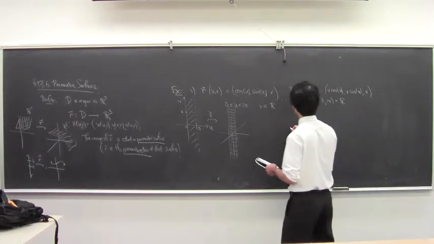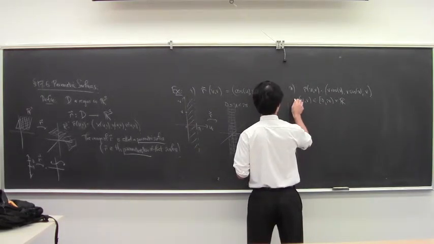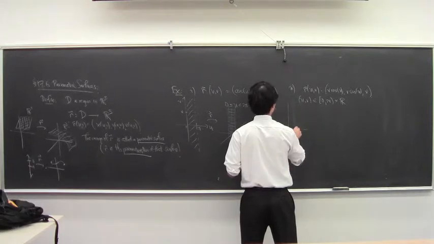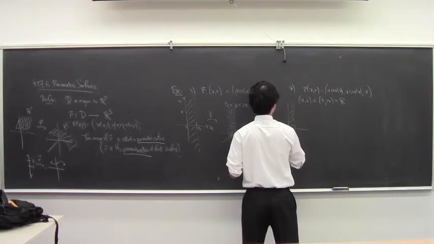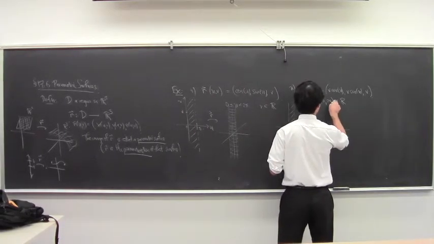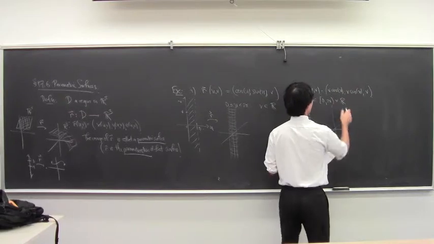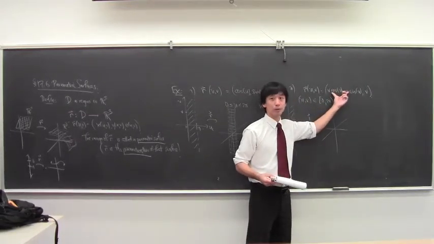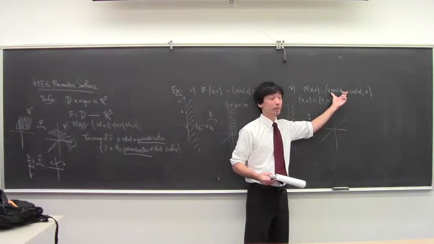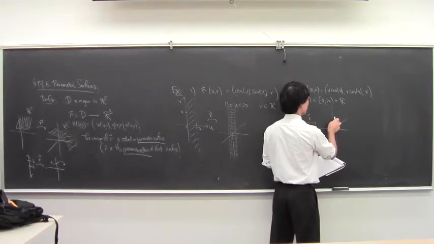So again, you've got this domain here. R goes this way. For each fixed v, you're going to have a circle of radius v. Even if it's a negative number, that's still going to be a circle of radius v.